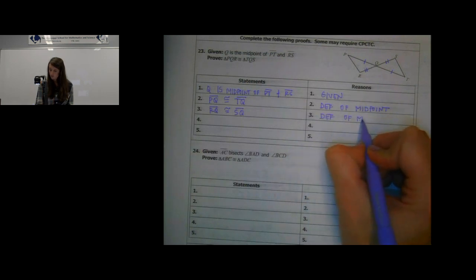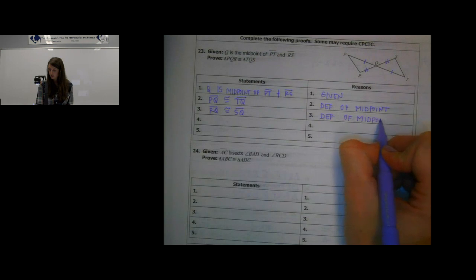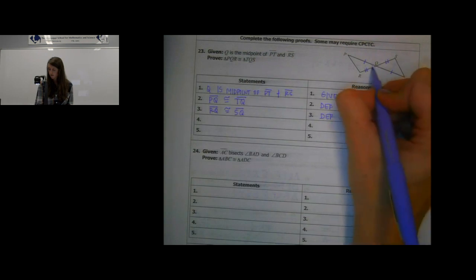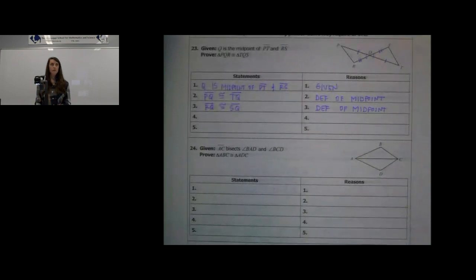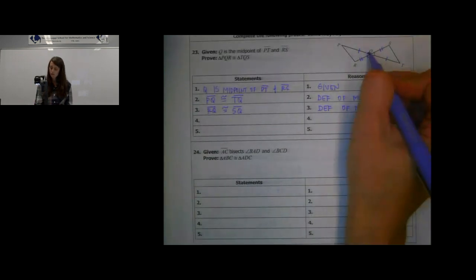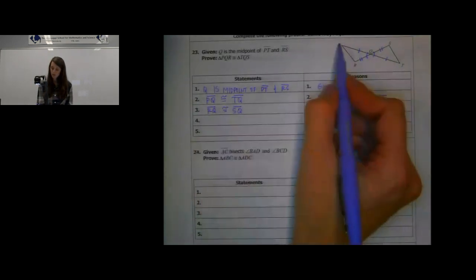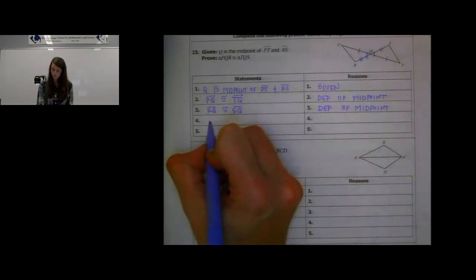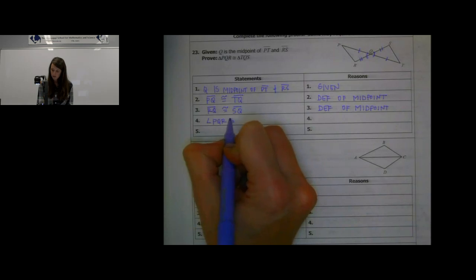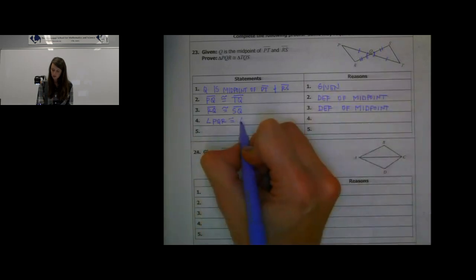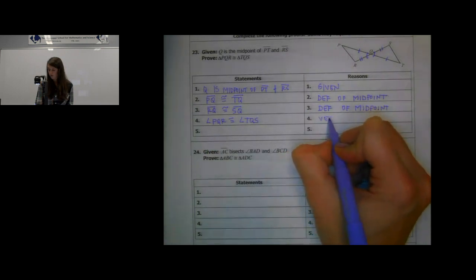All right, so the other thing that I know is that those are vertical angles. Sorry, I don't know why this is so crooked up here. So these are vertical angles, so those are going to be congruent. So angle PQR is going to be congruent to angle TQS. Those are vertical angles.